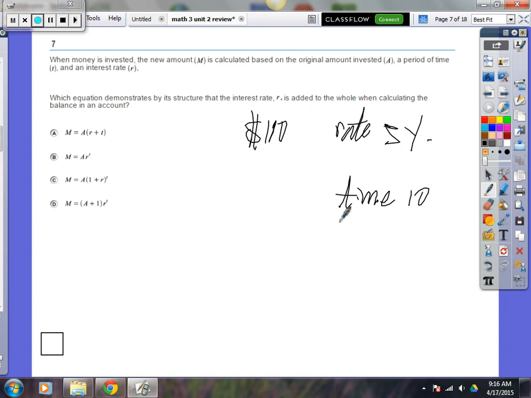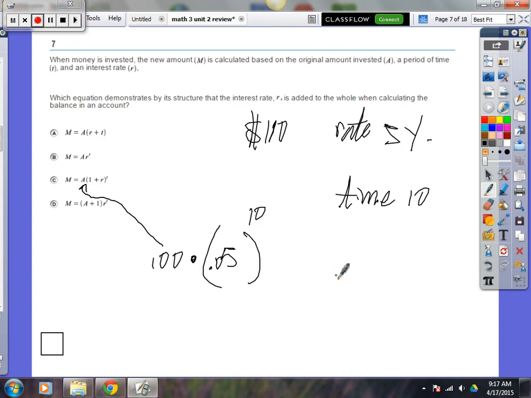then every year 5% of $100 is just $5. So I need to do the $100. That's going to be my amount, and if I just times it by 5%, so 0.05 for 10 years, this is not going to give me the total amount.